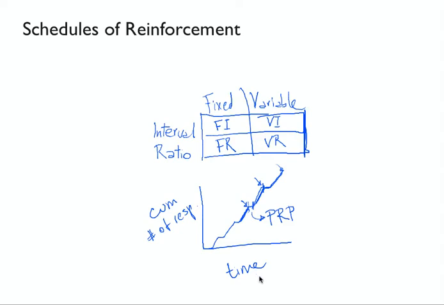Now let's talk about variable schedules, and particularly a variable interval schedule. In the variable interval schedule, the passage of time determines when a response is going to be reinforced, but there's nothing indicating how much time you would need to wait to make the next response.